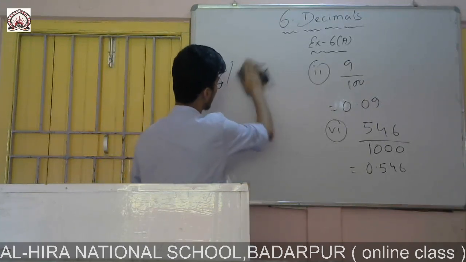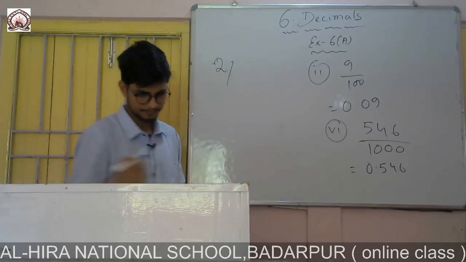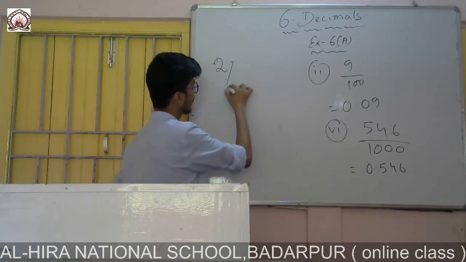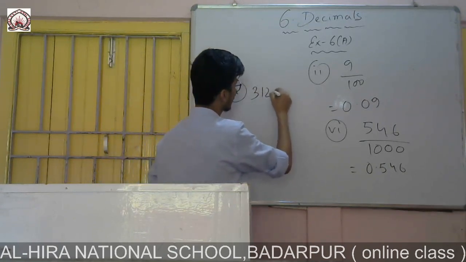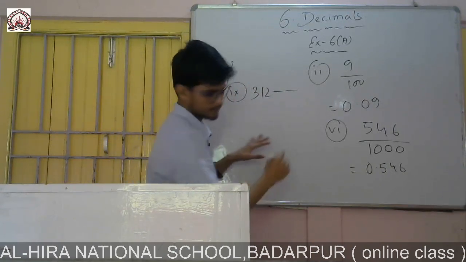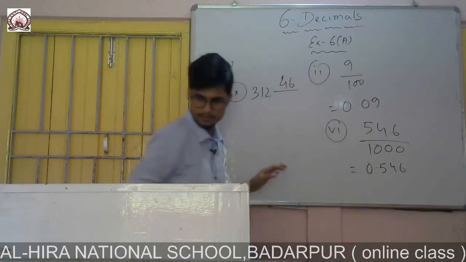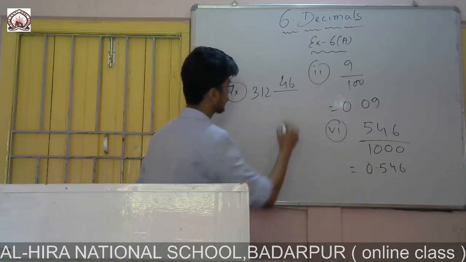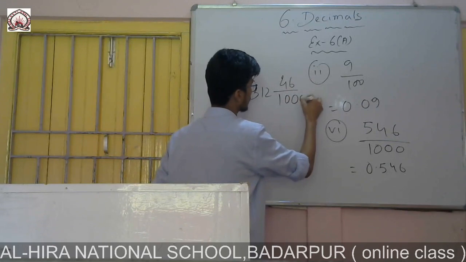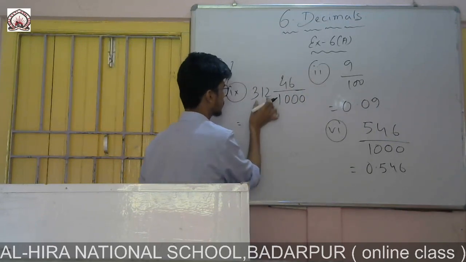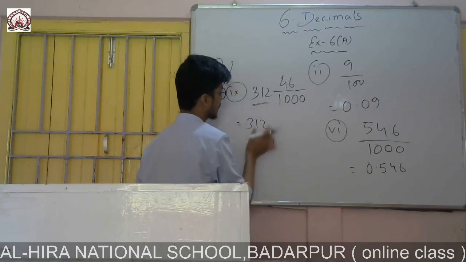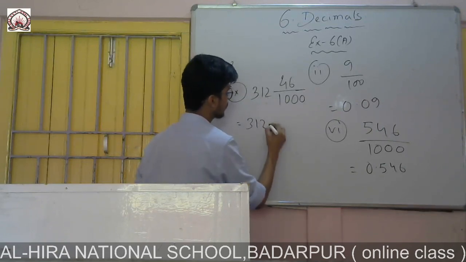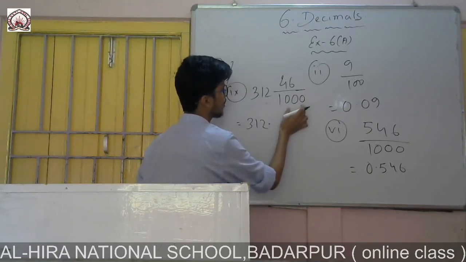Question number 2, Roman number 9. It is given 312, and it is a mixed fraction. It is 46 by 1000. If such a type of problem is there, first of all you write this whole part the same, 312. This one you write directly here, and then you put one decimal point, and then you count for the fraction.